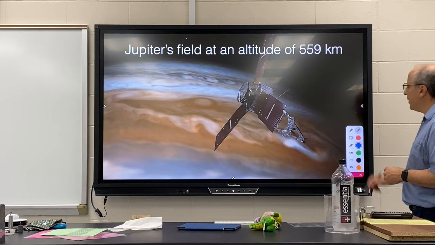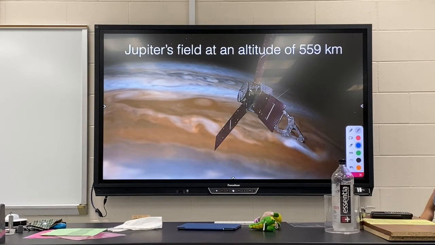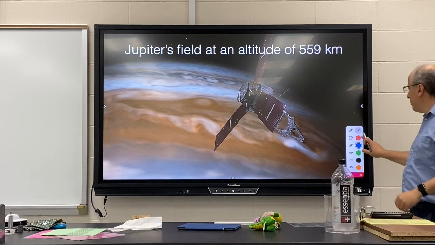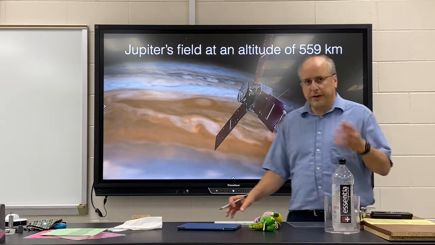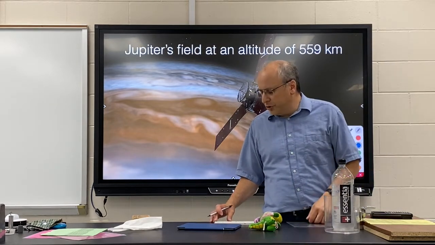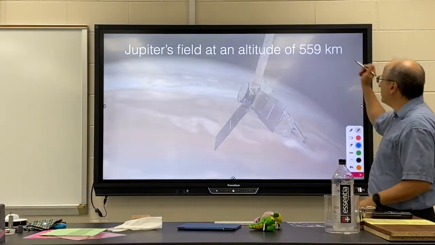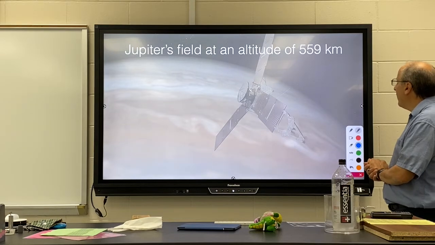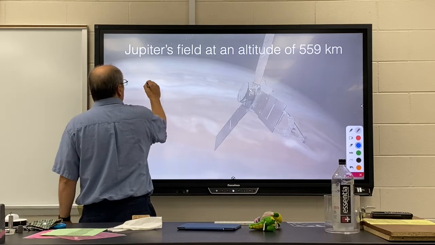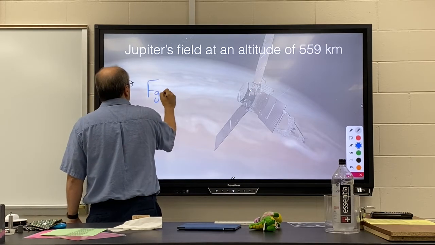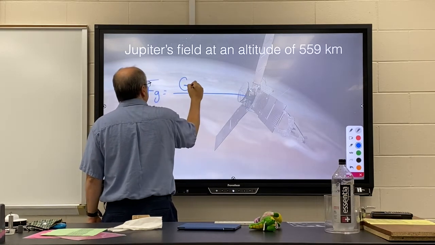Finally, we'd like to do it for another planet. So if you're not on Earth, you do the same process we did on Earth, you just use a different planet. So this is the Juno spacecraft that we sent to explore the planet Jupiter. We had it exploring from an orbit around Jupiter, and the closest it ever got to the planet was 559 kilometers. So same as before, we're looking for gravitational field.